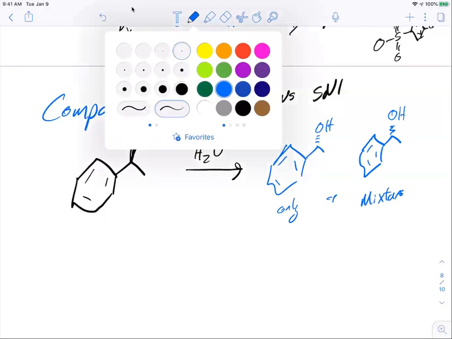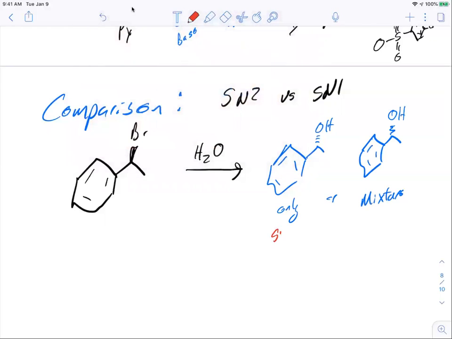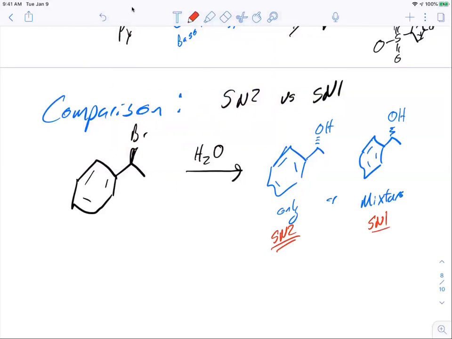So if it is SN2, then we're only going to get inversion. But if it is an SN1 mechanism, then we're going to get a mixture.